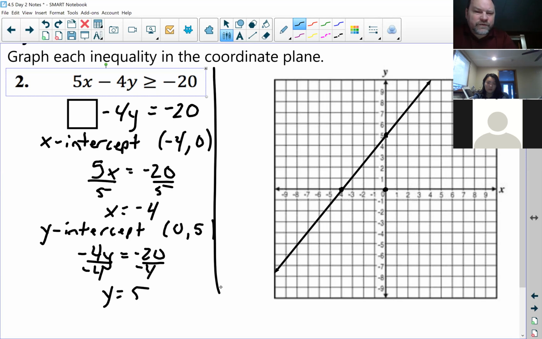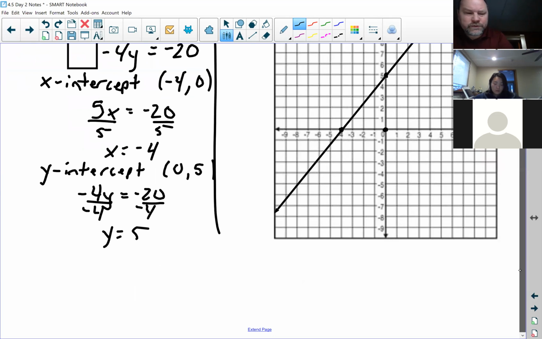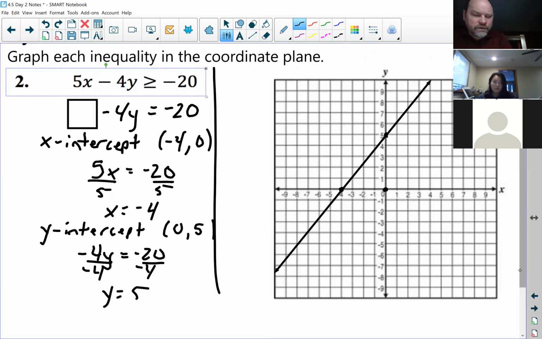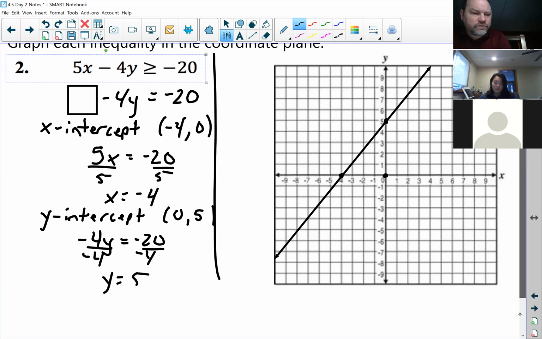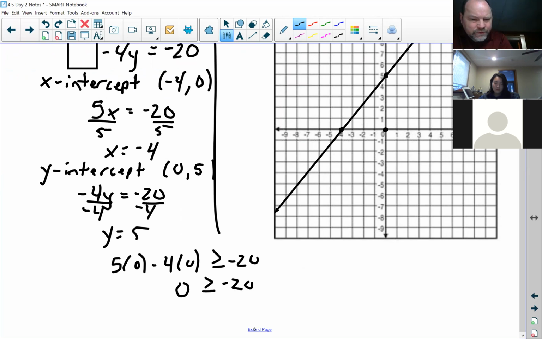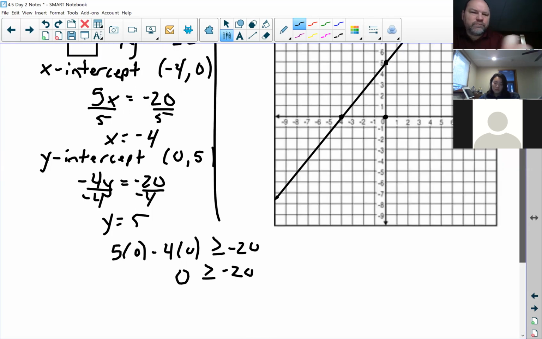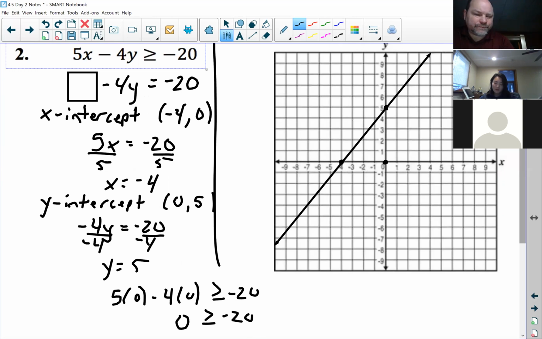So if I take 5 times 0 minus 4 times 0 is greater than or equal to negative 20, I get 0 is greater than or equal to negative 20, which is true. So I'm going to shade below my line.